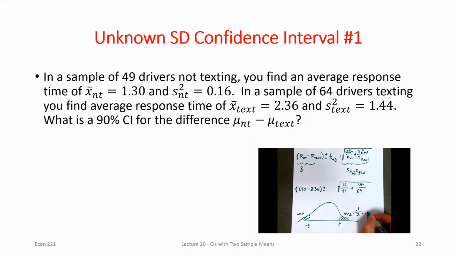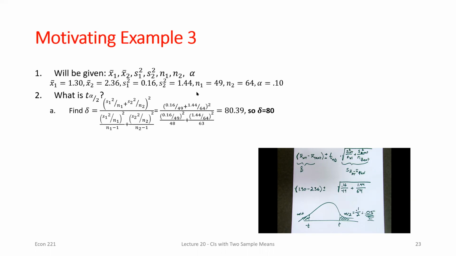Divide that by 2. So the area that I want in that tail is 0.05. And I think I'm told, or at least I'm showing you here, I've got this degrees of freedom. It calculates out to be 80.39. We push it down to the next nearest integer. So we've got a degrees of freedom of 80.